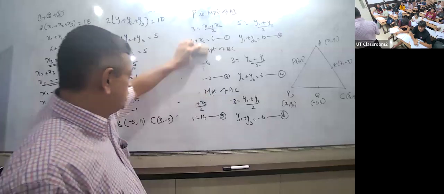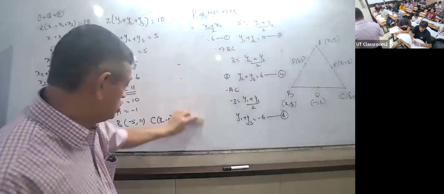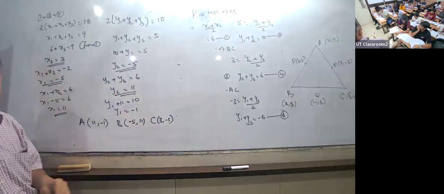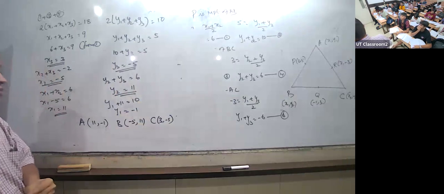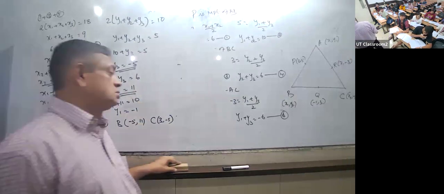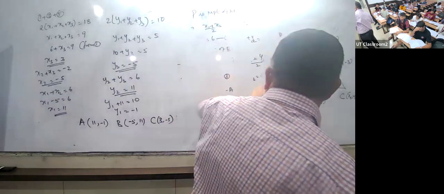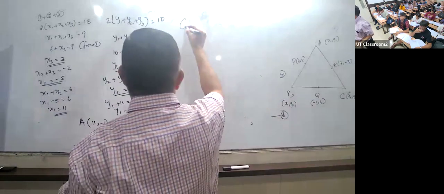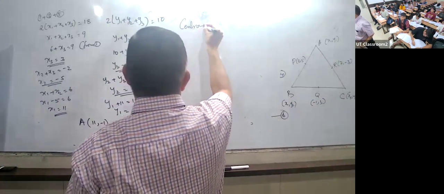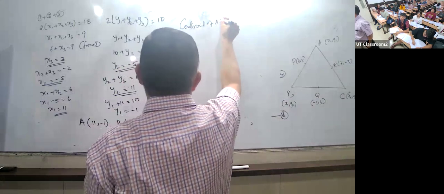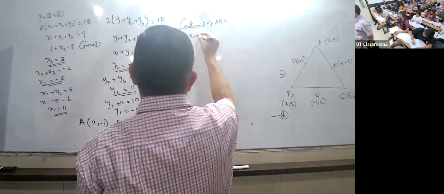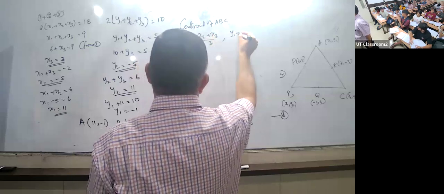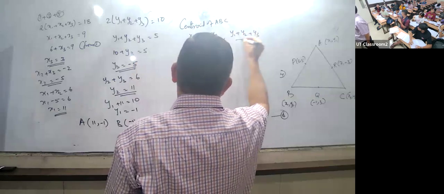Now, next you have to find the centroid of ABC. Direct formula. Who got the centroid of triangle ABC? Apply x1 plus x2 plus x3 divided by 3, and y1 plus y2 plus y3 divided by 3.